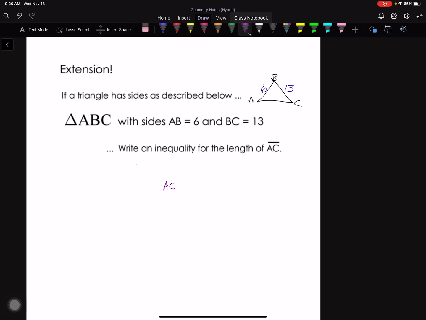So AC has to be between what two numbers here? Well, take the other two sides. So to find the small side, we'll take 13 minus 6. 13 minus 6 is 7. So it has to be greater than 7. But if I take 13 plus 6, it has to be less than 19. So this side length here has to be somewhere between 7 and 19. And that is it.